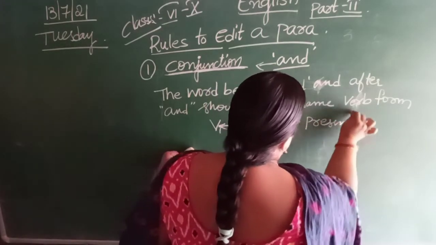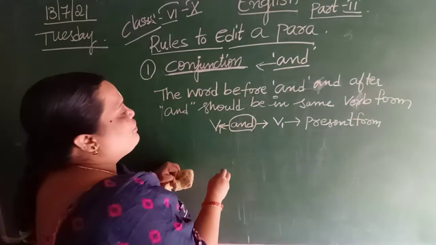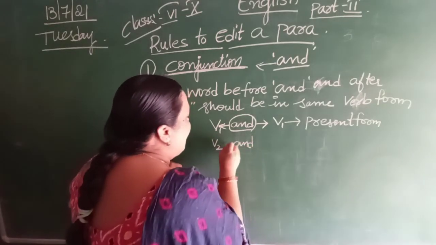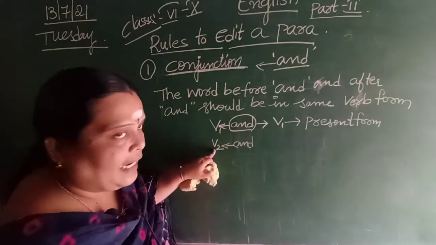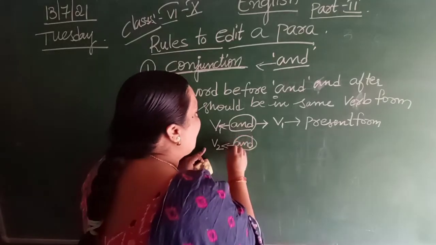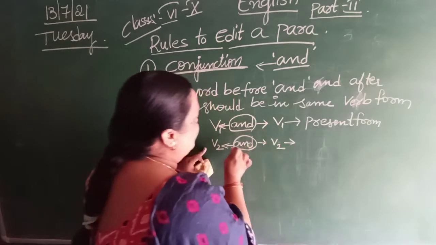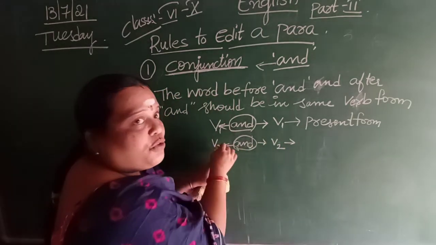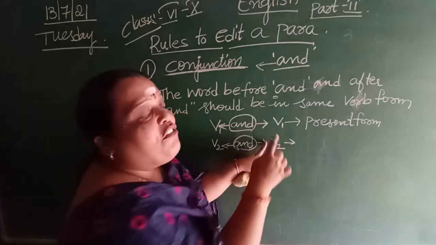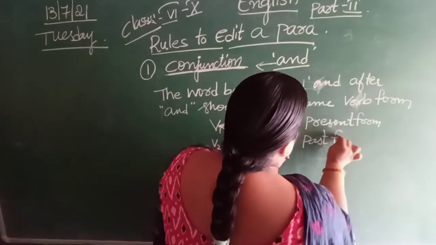Now suppose we are taking V2, which is the past tense before and, then we have to take V2 after and also. If there is a V2 verb before and, there should be a V2 verb after and too. V2 form means it is past form.